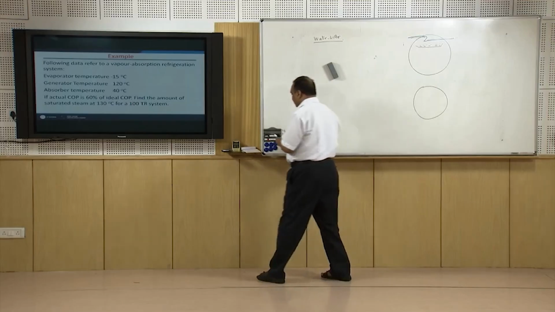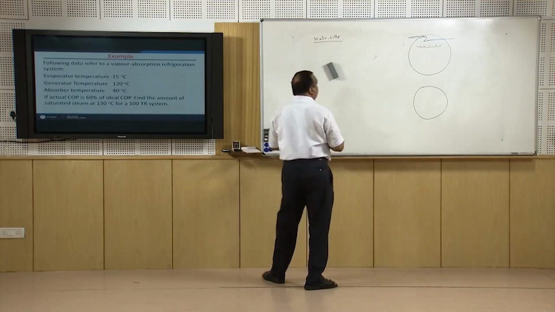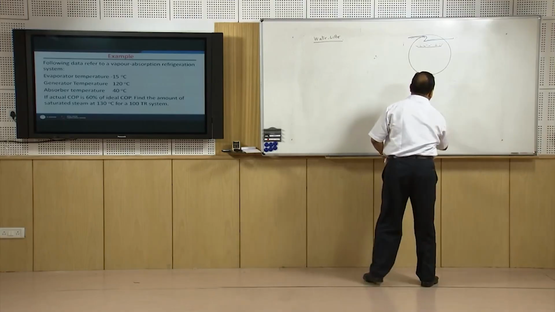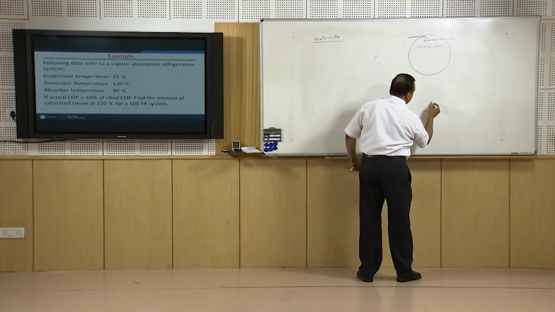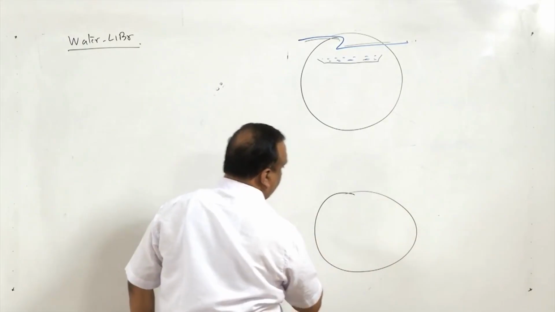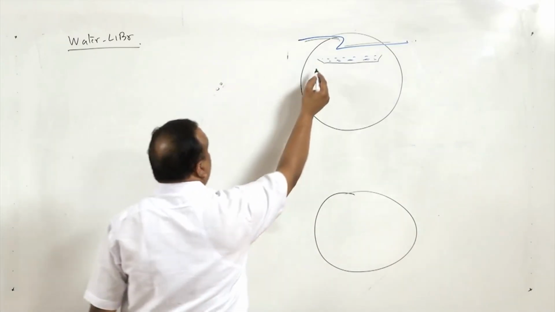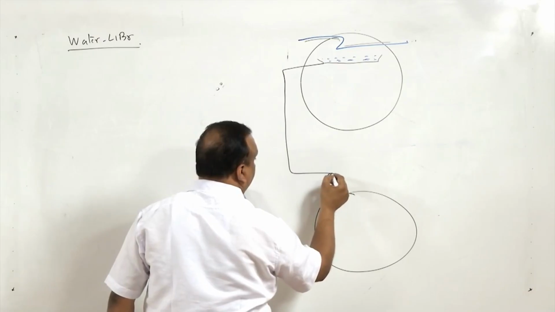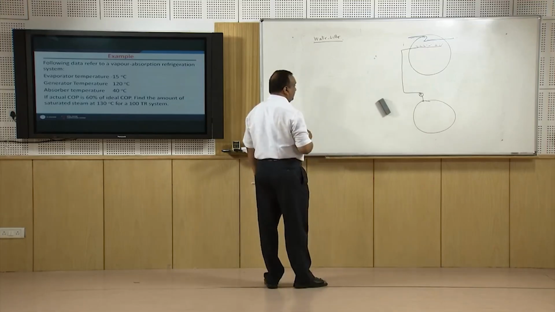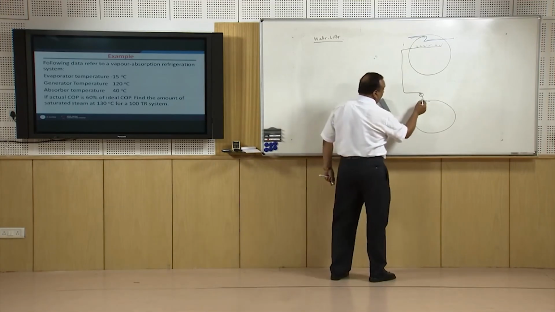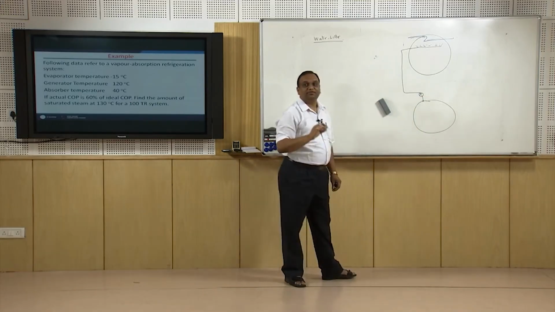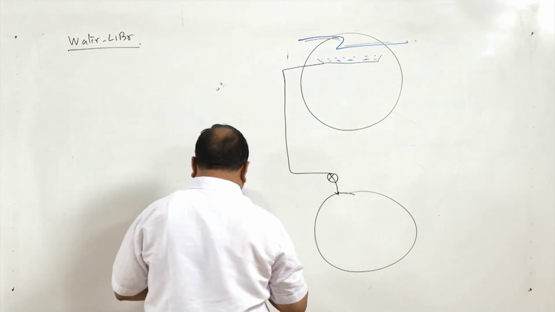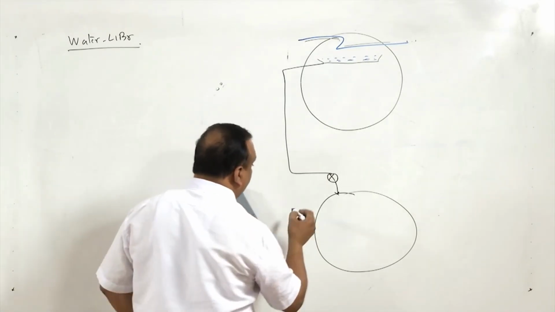After collection in the tray, the water goes to the evaporator through an expansion valve. Now, after expansion, as we know, we get low temperature, low pressure vapor, that is water vapor, and there is a pipeline for chilled water.